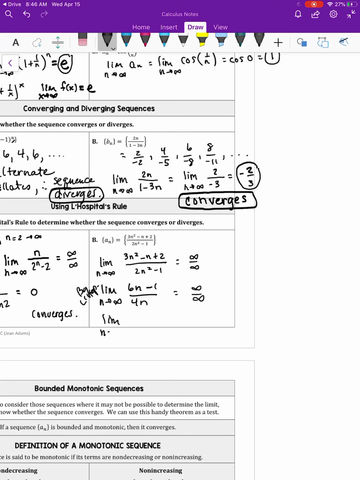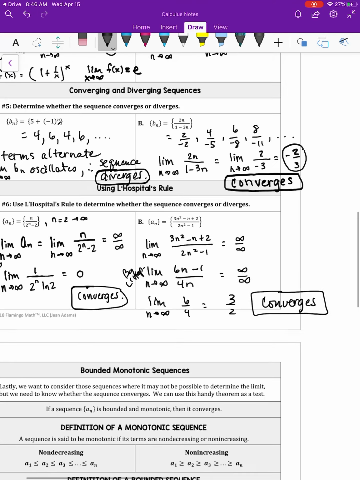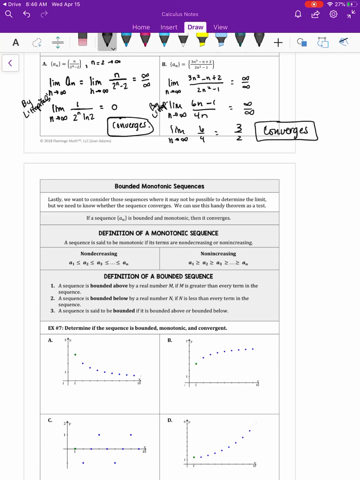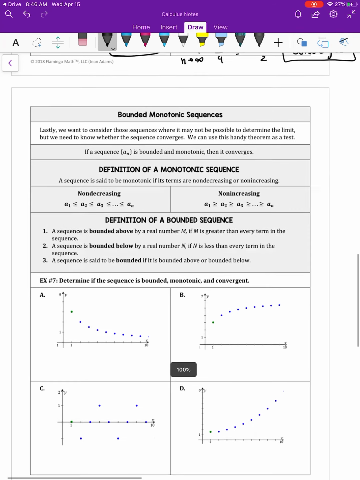This is going to be 6n minus 1 over 4n. And if I put infinity in, I get infinity divided by infinity again. Limit as n goes to infinity, 6 over 4. So this is 3/2. And so, therefore, it converges.